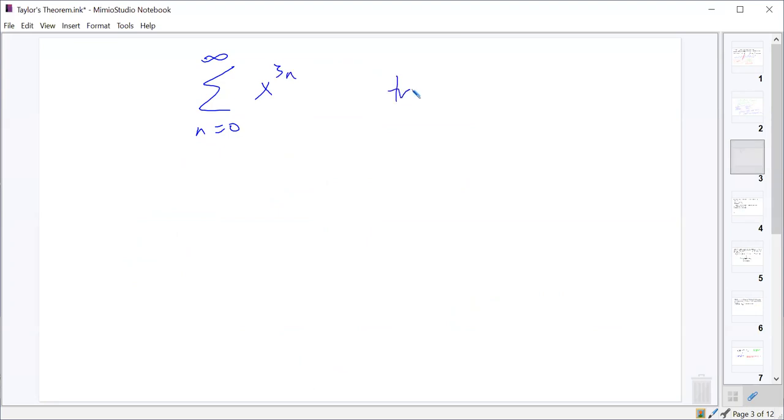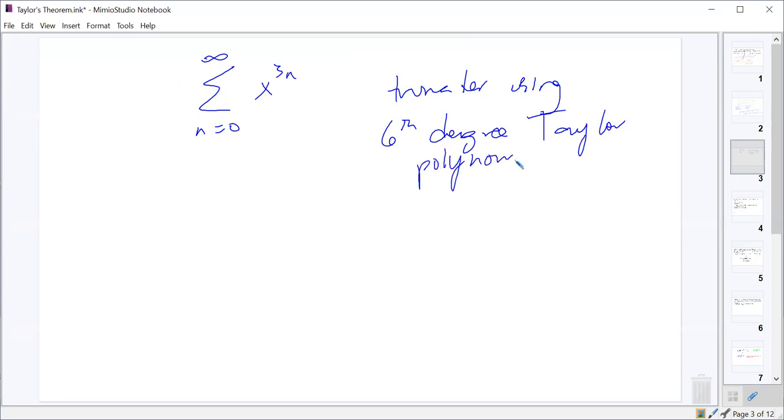And let's truncate using a 6th degree Taylor polynomial. And we're going to find the error evaluating at x equals 1/2. So let's see if we can do this.